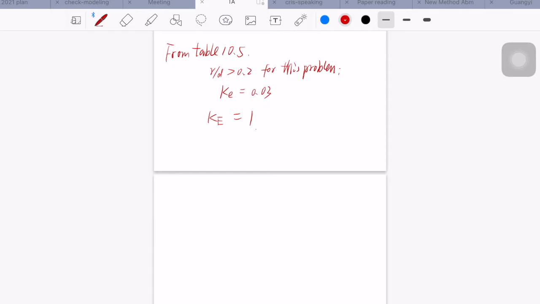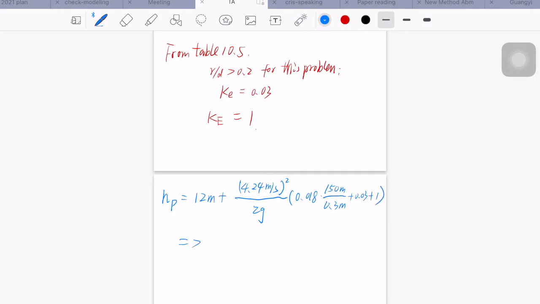So now we can determine that the HP should be equal to 12 meters plus 4.24 meters per second squared over 2g times 0.018 times L, the length, which is 150 meters divided by 0.3 meters plus 0.03 plus 1.